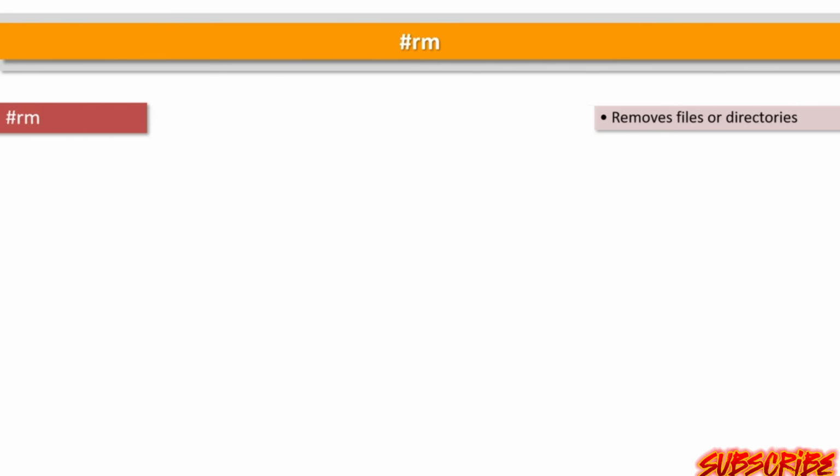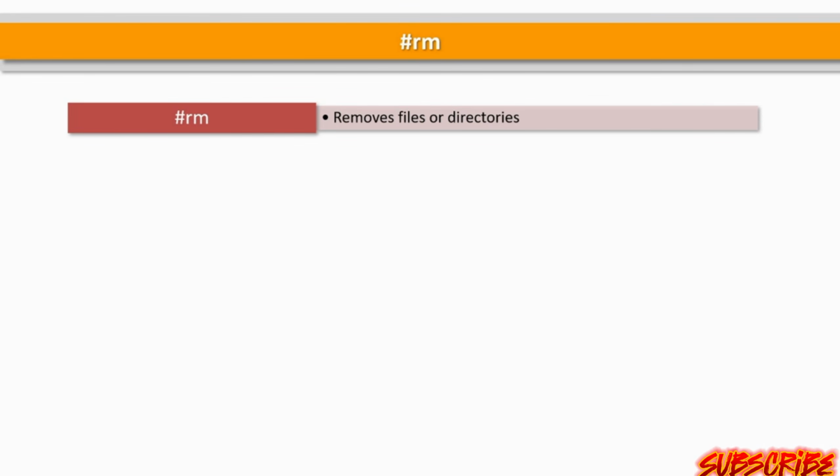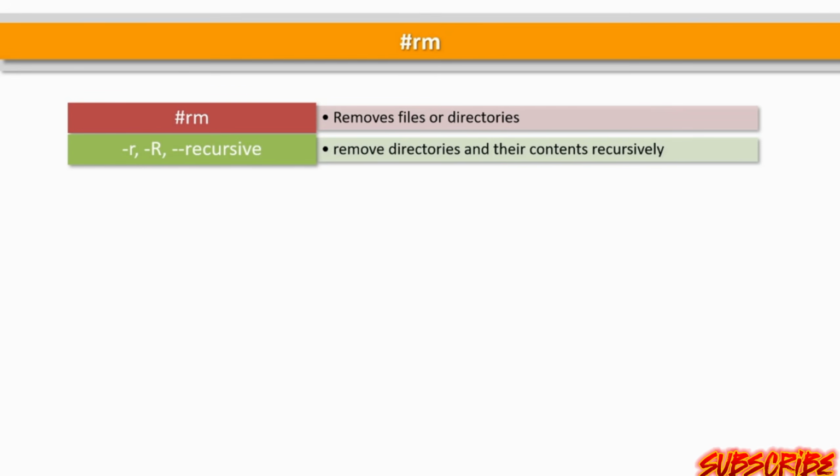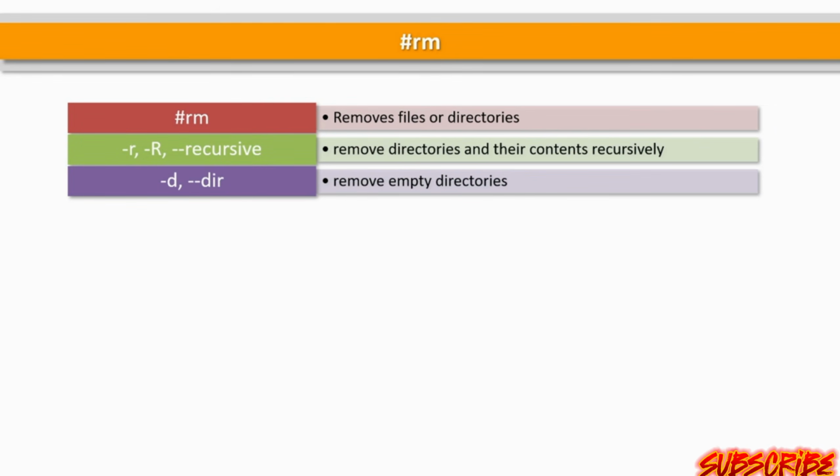rm. It stands for remove. So the rm command is used to remove objects such as files, directories, symbolic links, and so on and so forth from the file system of Linux. The -r parameter is used to remove directories and their contents recursively. The -d parameter is used to remove empty directories.